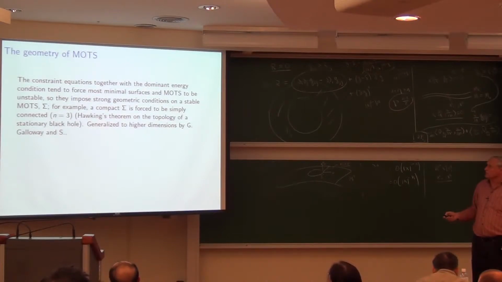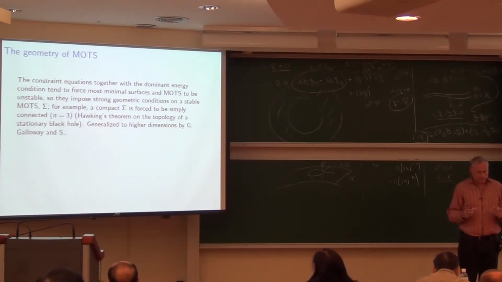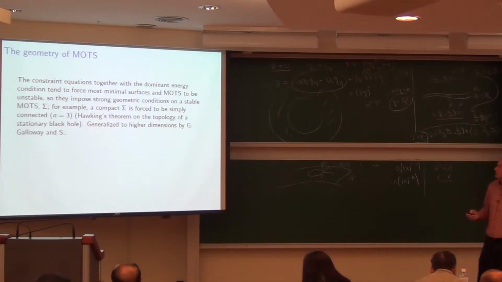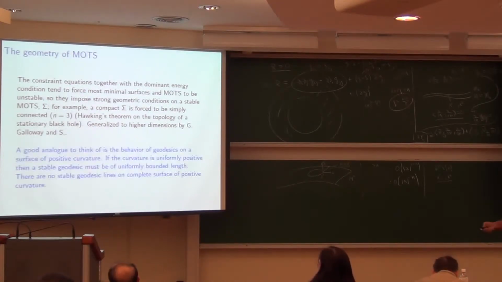And for example, Hawking's theorem on the topology of a stationary black hole is related to the fact that a stable MOTS in the three-dimensional case, that is a surface in R3, is necessarily topologically a sphere, has positive curvature. And that's a consequence of the stability. Okay, and so actually, Greg Galloway and I generalized that to the higher dimensional case as well.